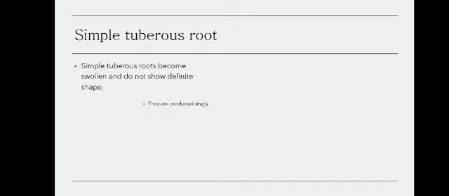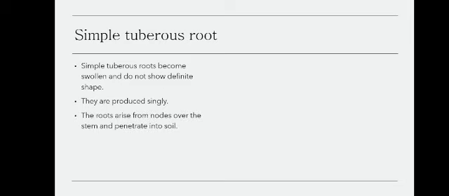Firstly, simple tuberous roots for storage. Simple tuberous roots become swollen and do not show a definite shape. They are produced singly. The roots arise from nodes on the stem and penetrate into the soil. Example, sweet potato.